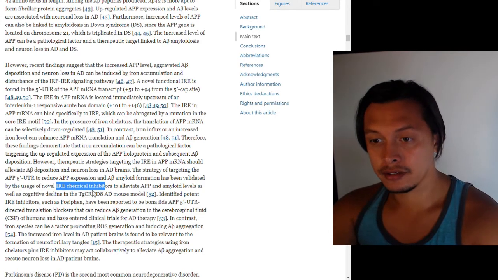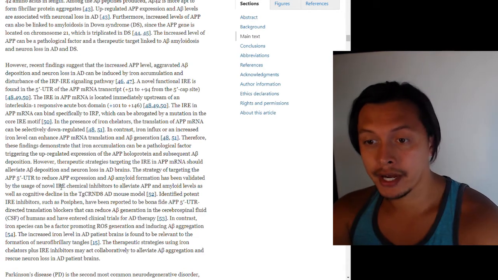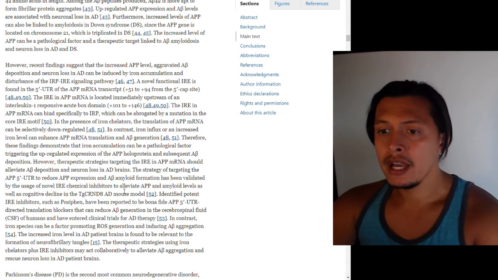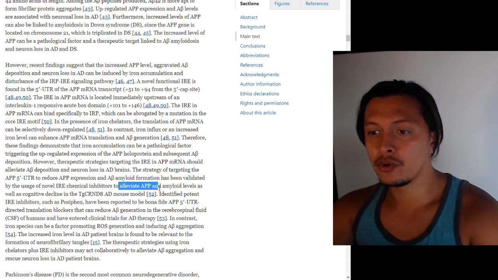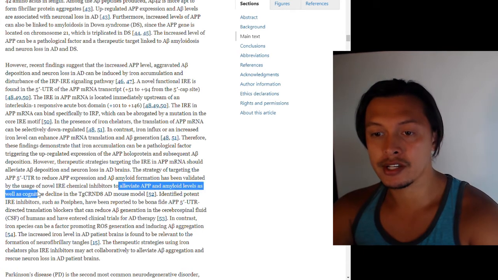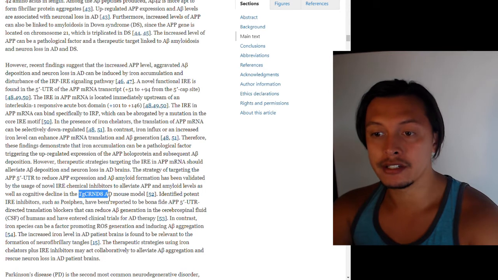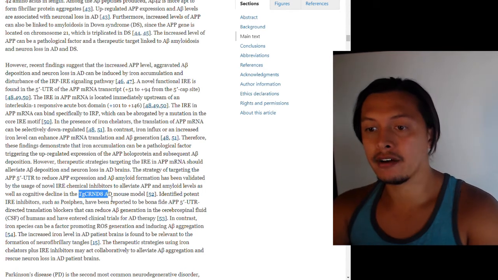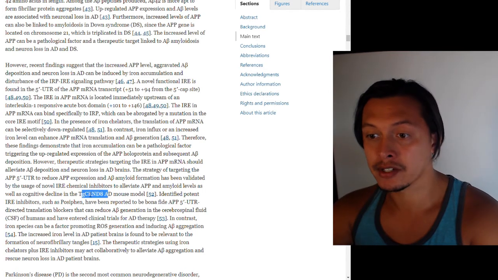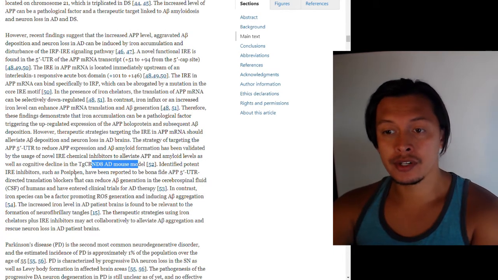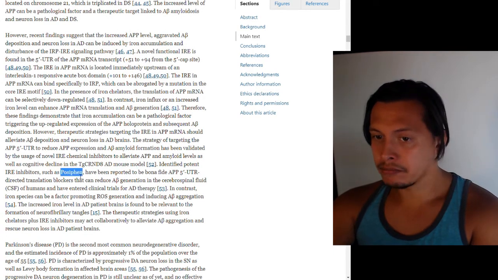So basically pharmaceuticals that can bind to this iron responsive element. And they do this to alleviate amyloid precursor protein and amyloid levels, as well as cognitive decline in this particular breed of an Alzheimer's disease mouse model. Identified potent IRE inhibitors such as Posifen.